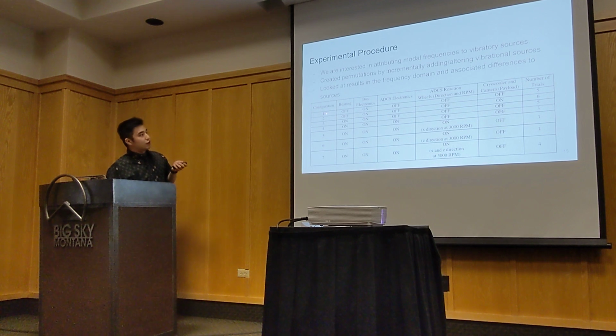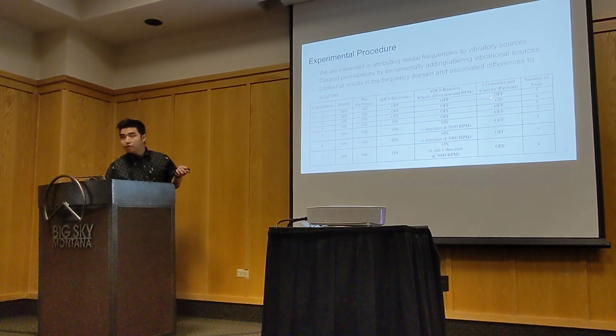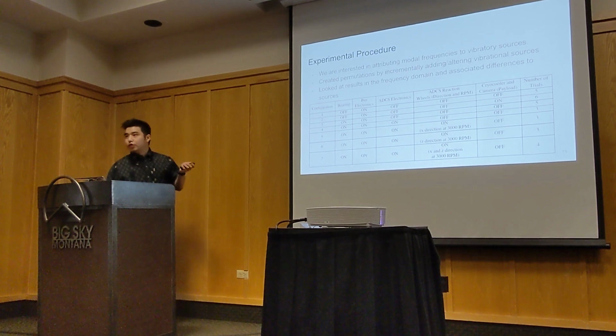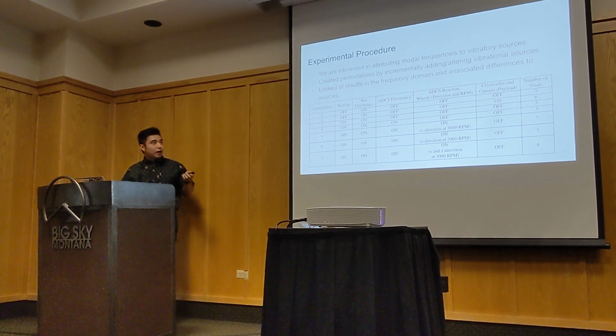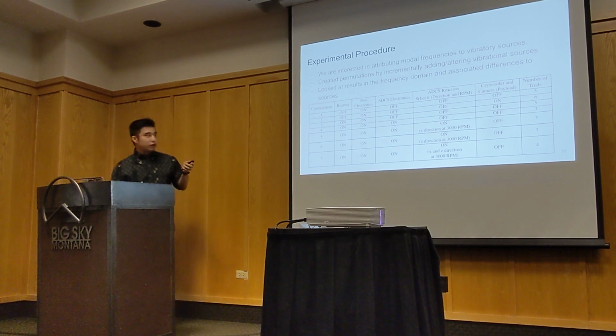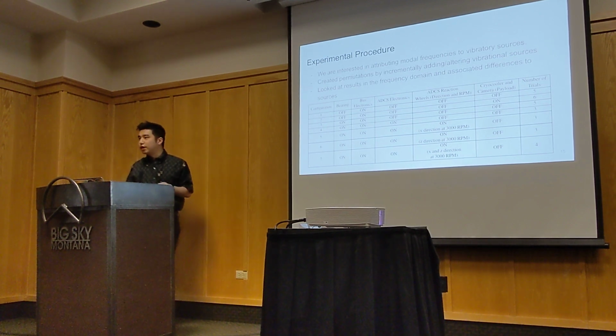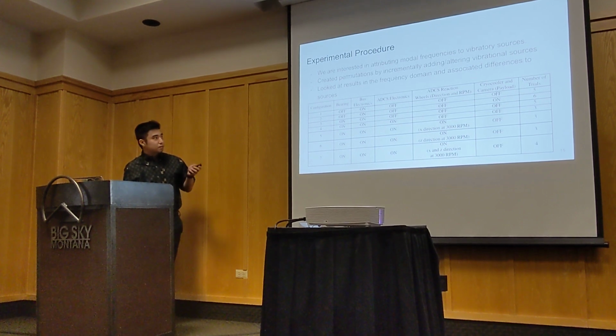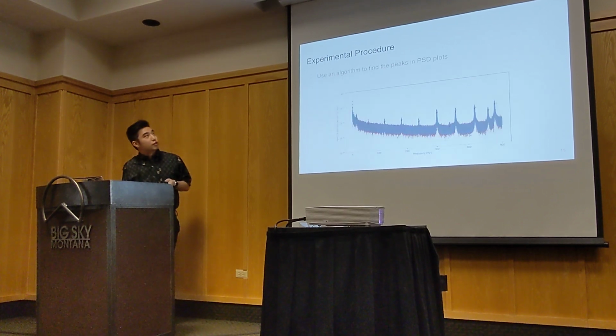In configuration 1, we have all of our active sources off, and in configuration 2, we just turn on the cryocooler and the payload. In configuration 3, we turn the air bearing on while leaving all of our active sources off, and so on and so forth. I'm going to go into depth about what the configurations are later, but the idea is that we're doing something similar to a parameter sensitivity analysis with the vibratory sources.